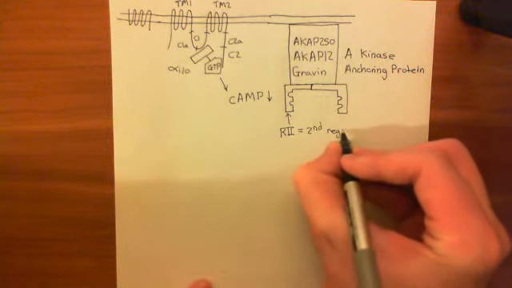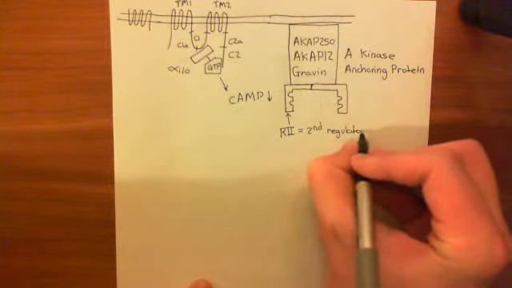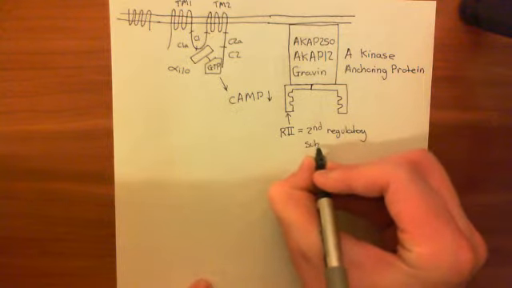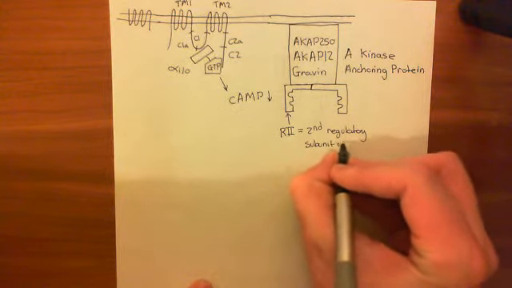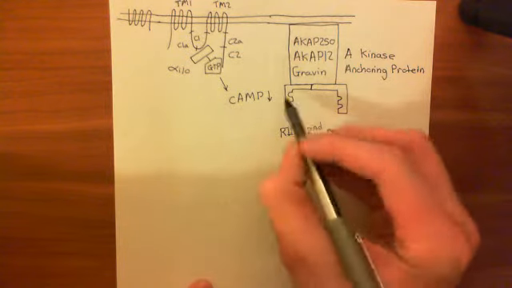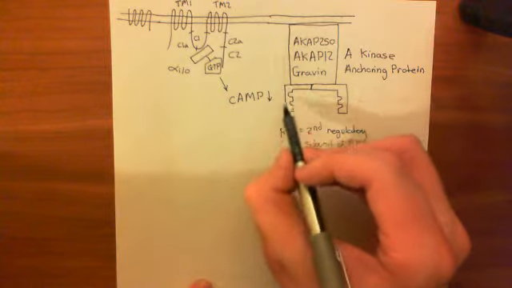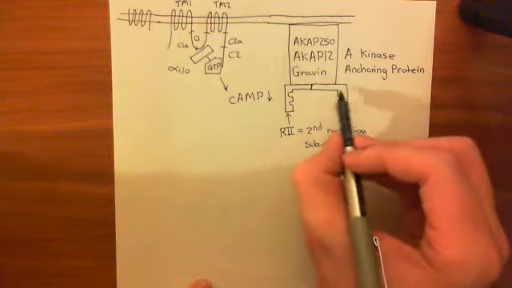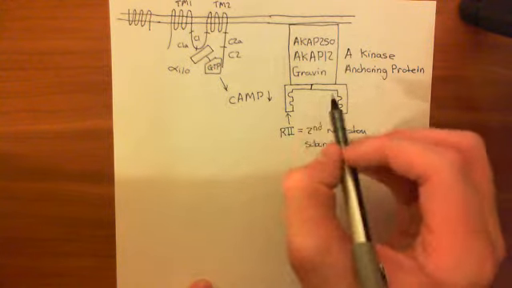Now these two regulatory subunits have dimerized, so we've got two regulatory subunits here bound together.